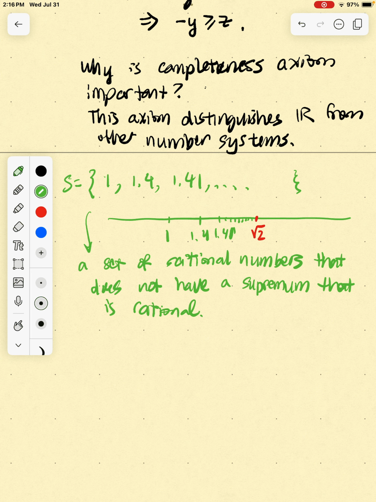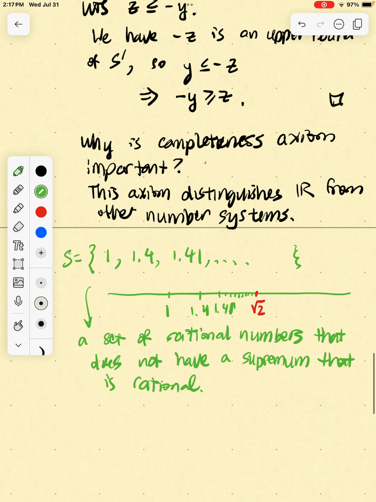So if you can just imagine somehow not including irrational numbers, let's say there was no such thing as irrational numbers and they were just rational numbers, then you can have a set S that does not have a supremum. So by throwing in the irrational numbers, we have a number system where every set has a supremum. So that's why this completeness axiom distinguishes R from the rational number system.